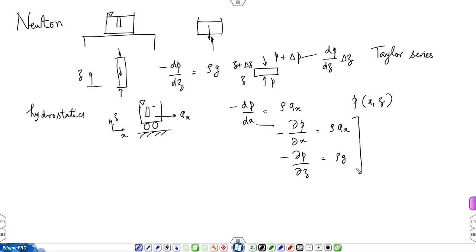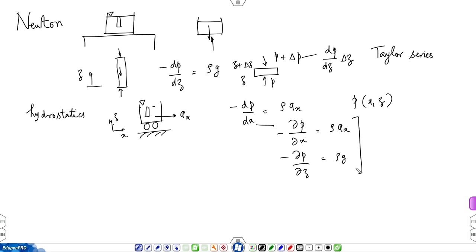So, you may think of it as a beaker carrying water. More generally, it is a tank carrying a liquid with a free surface, and it is moving at constant acceleration. If acceleration is 0, it is the equation of hydrostatics. Nothing happens. P is not a function of x in that case.